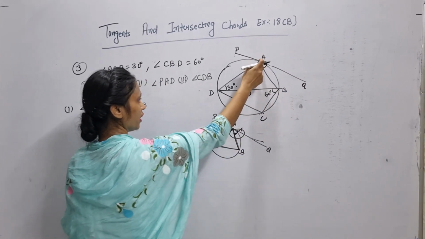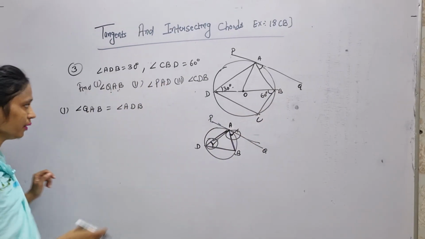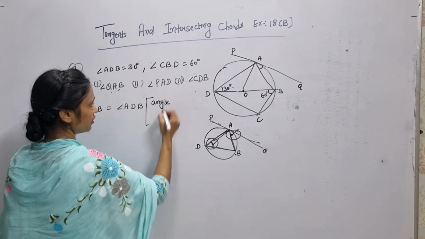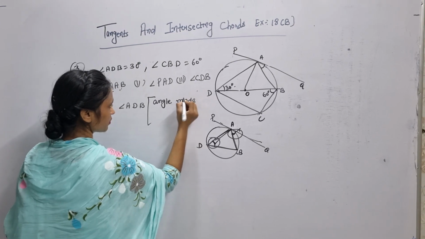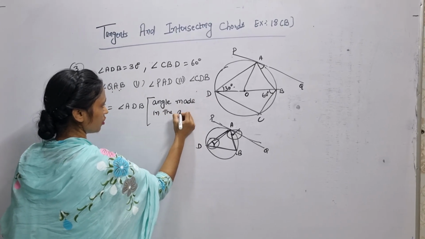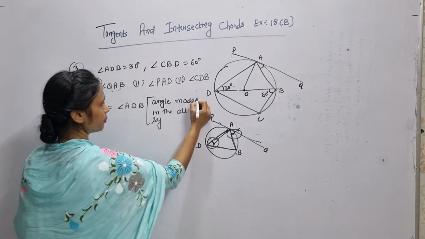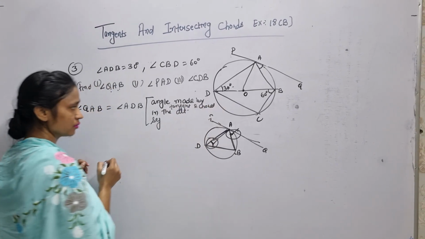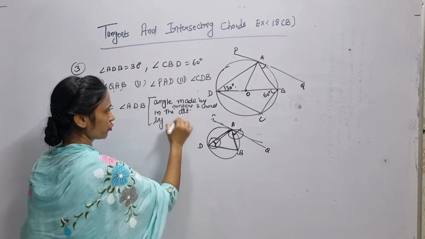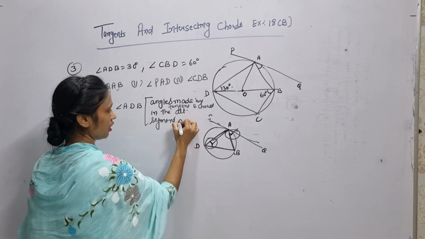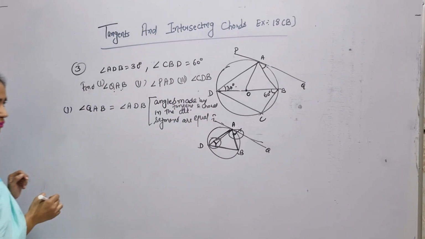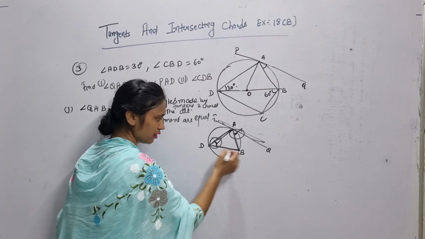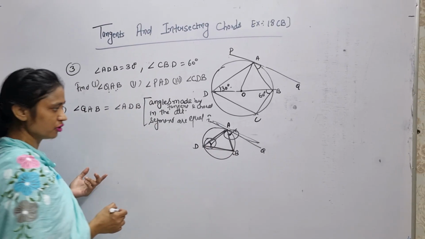The reason is: angle made by tangent and chord, and angle made in the alternate segment, are equal. You can see the angle between the tangent and chord and the angle made in the alternate, opposite, remaining segment, these two angles will be the same.